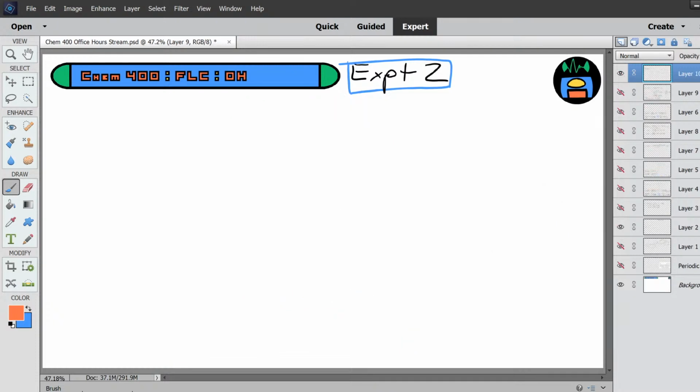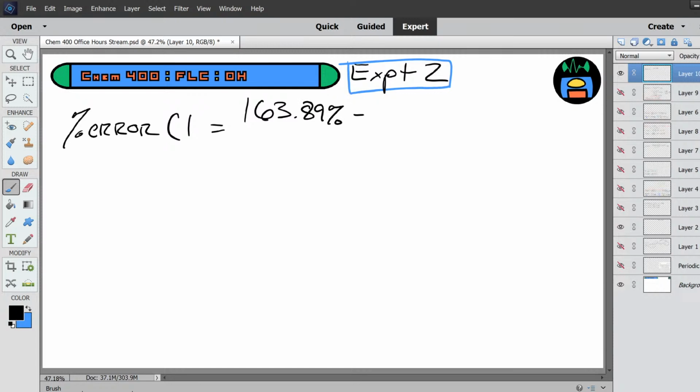All right. Running through with chlorine. So our percent error for chlorine, we've got the absolute value of our correct value, which is 63.89, minus my calculated, which is 59.24, over the correct value, 63.89.